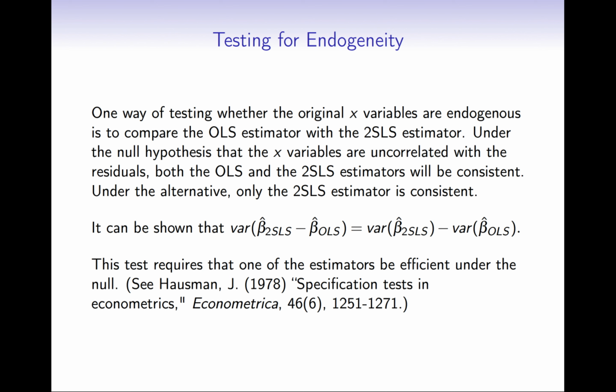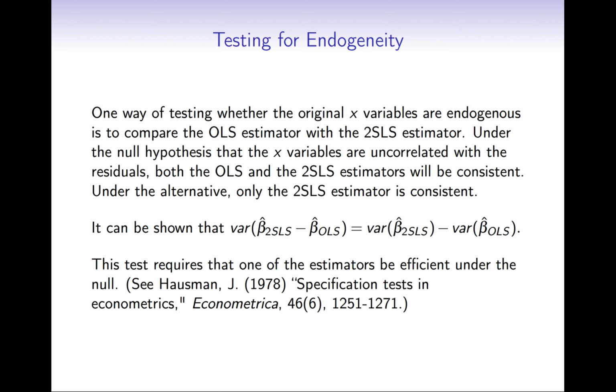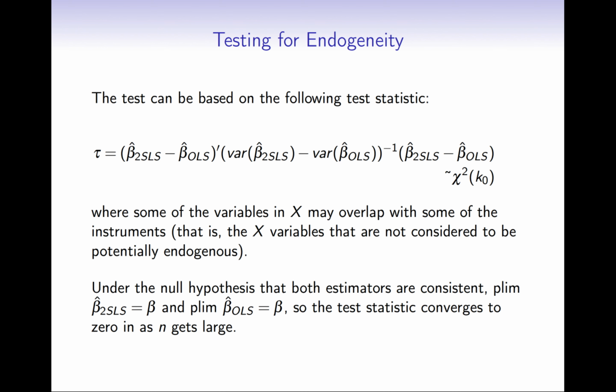Okay, we can test for endogeneity. I mean, there's also another form of the test where you could have different sets of instruments, like have two-stage least squares based on one set of instruments and then based on a different set of instruments. Okay, I think I put that as a question maybe in the back of the chapter.